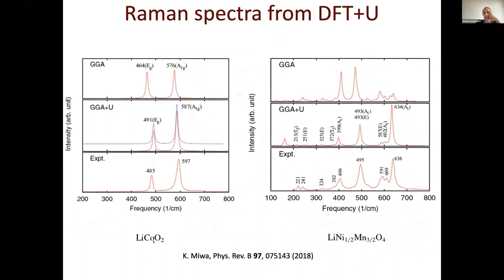Those are also cathode materials for lithium-ion batteries. So you see the nice agreement between GGA+U calculations and experiments in both cases compared to a poorer agreement that you can get with the standard approximation of the exchange correlation functional.